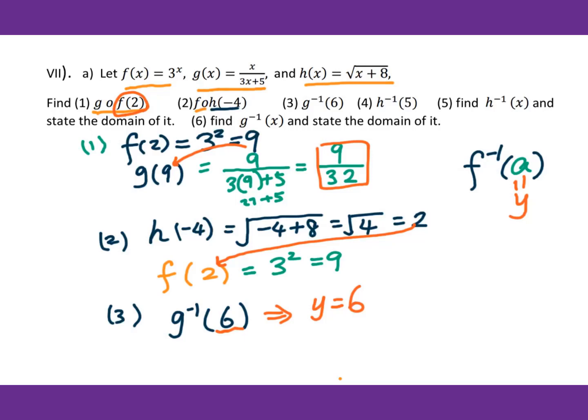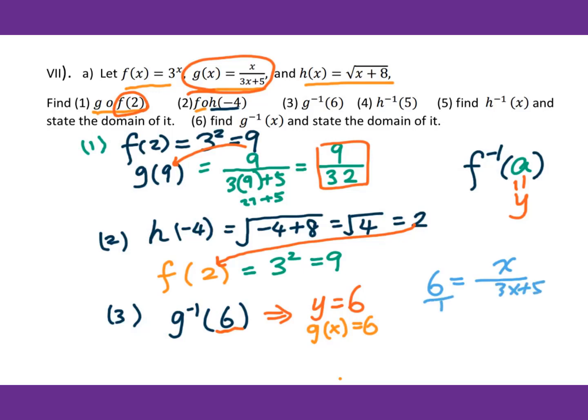So go to the g function here. G of x is y, that means g of x equals 6. Therefore, you will set up 6 equals x over 3x plus 5.